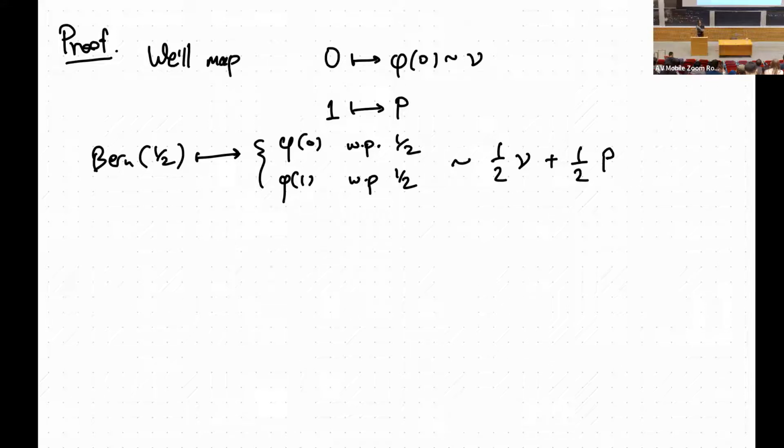This makes sense. If the input was Bernoulli half, then with probability half it's 1, probability half it's 0. Our algorithm does something if it sees a 0, it does something if it sees a 1, and produces a sample from a different distribution, nu or P. And so then the output distribution is the half-half mixture of nu and P, the output distribution of that particular entry.